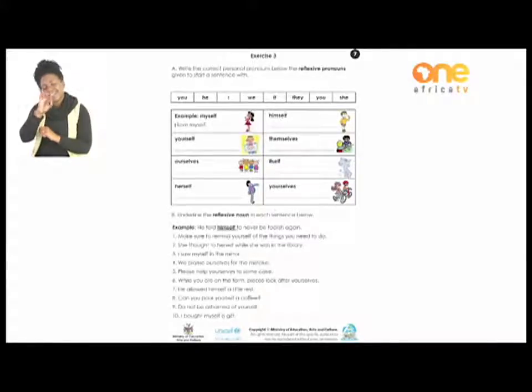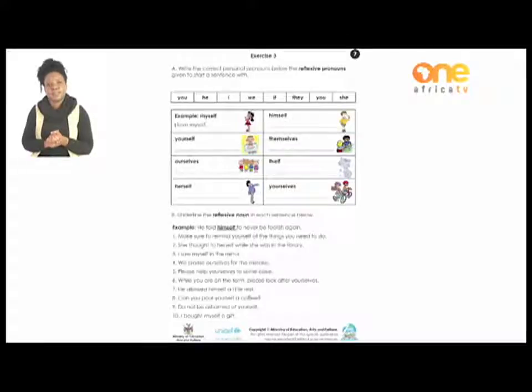So what you are going to do is, example, myself. Now, you are going to write a sentence using a personal pronoun that falls under myself. I have given you the example, and the example is I love myself.